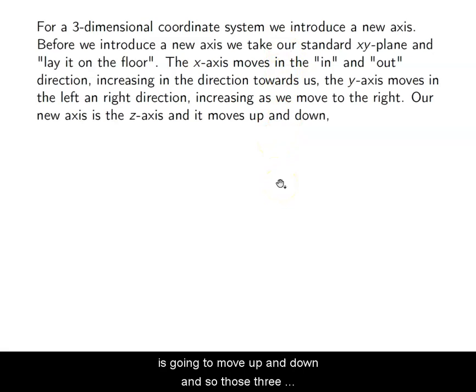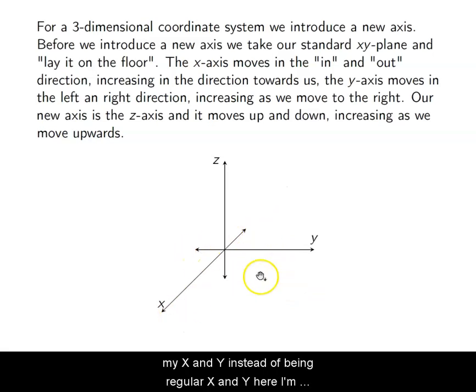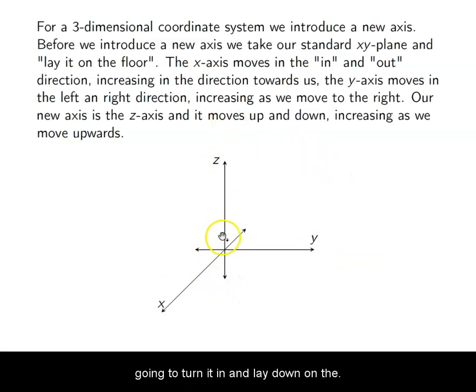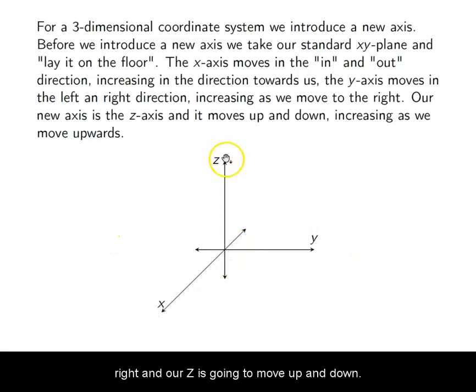Those three together give us a three-dimensional coordinate system. So my X and Y, I'm going to turn and lay down on the table. Now X goes inwards and outwards, Y goes left and right, and Z moves up and down.